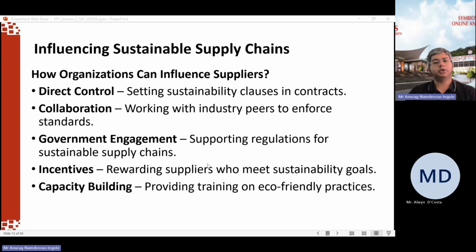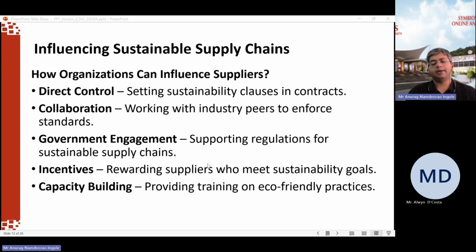If you want to make your supply chain sustainable, it is not going to be over with you asking your suppliers to be sustainable, just enforcing some kind of clauses in your contract and pushing them towards your supplier. That is not the end of it.